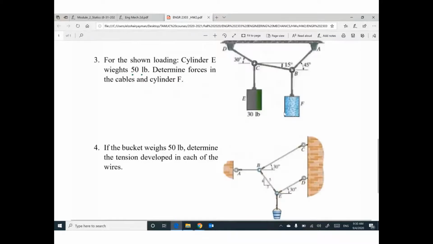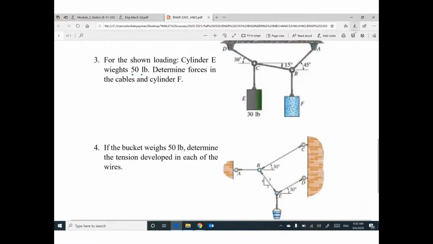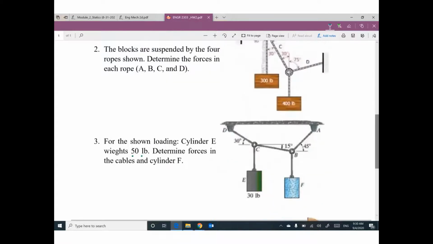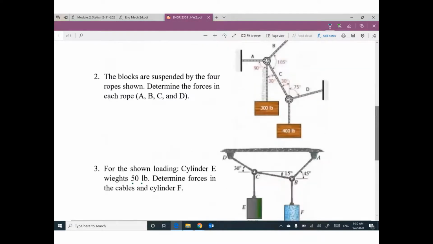The third or the fourth one in your homework, this one. We have a bucket with weight vertically 50 pounds. Guys, one more time, we have a mistake here in problem number 3.